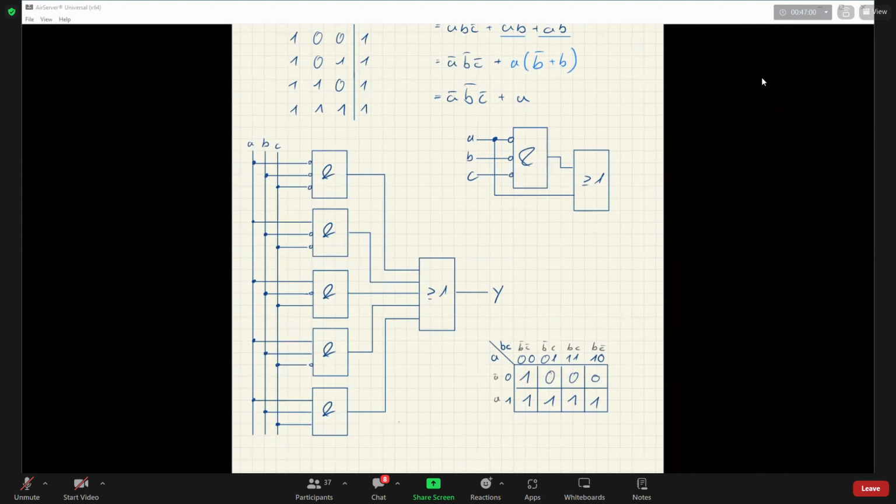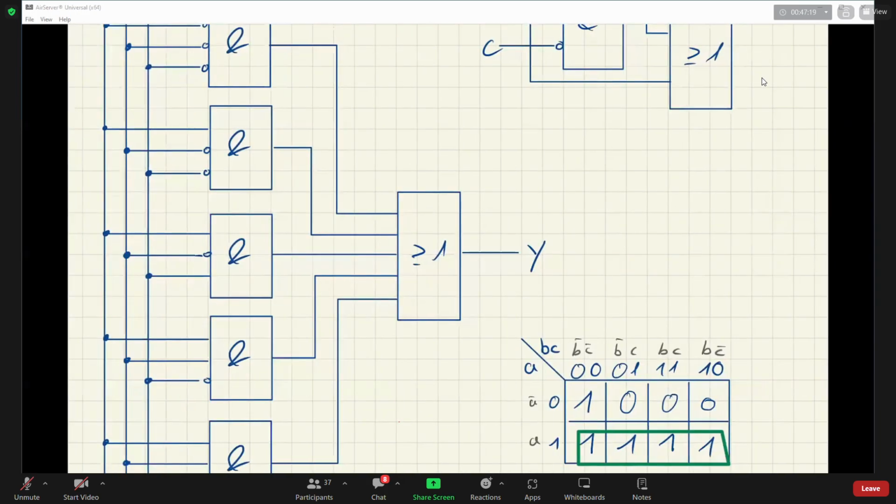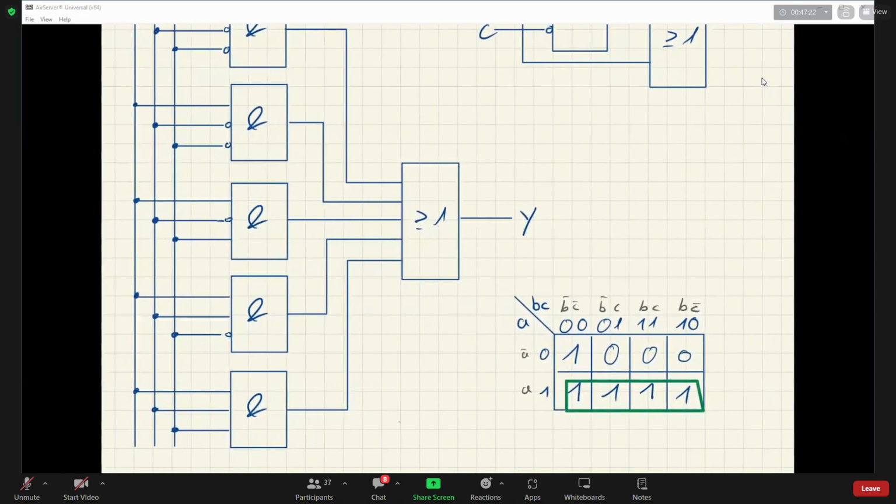And now we are combining here, and you remember you always have to combine 2 to the power of n elements, so 1, 2, 4, 8, and so on. So we are combining here these 4. And if you are looking into that, that's nothing else than A. So the green frame is true if A is true, independent from B and C. So B and C can be 0, 0, 0, 1, 1, 0, 1, 1.